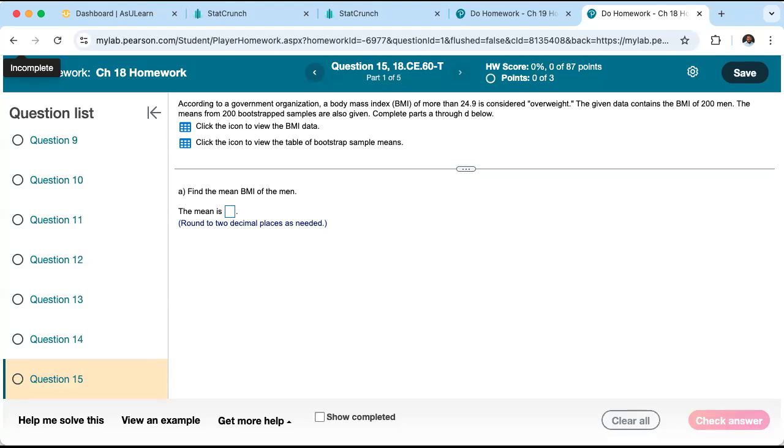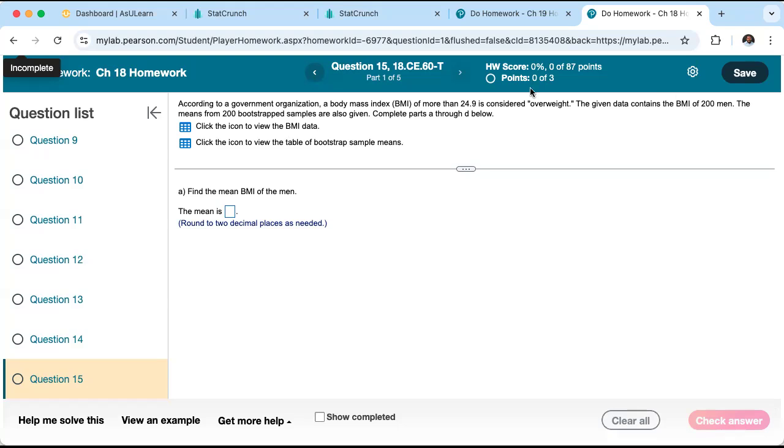The problem says, according to a government organization, a body mass index of more than 24.9 is considered overweight. The given data contains the BMI of 200 men. The means from 200 bootstrap samples are also given. And then you're asked to complete parts A through D below.